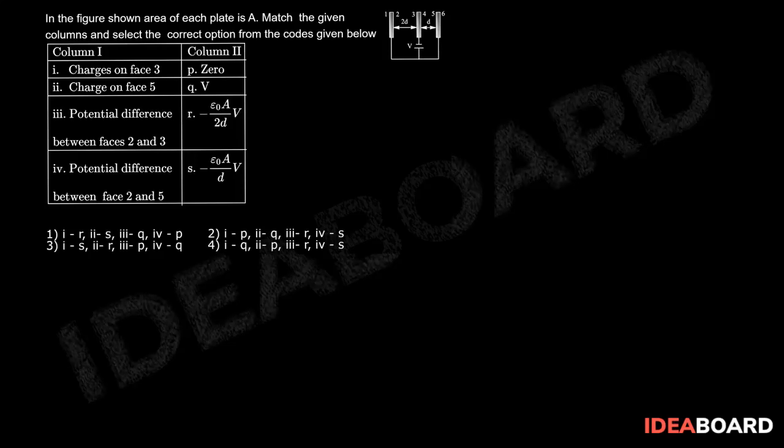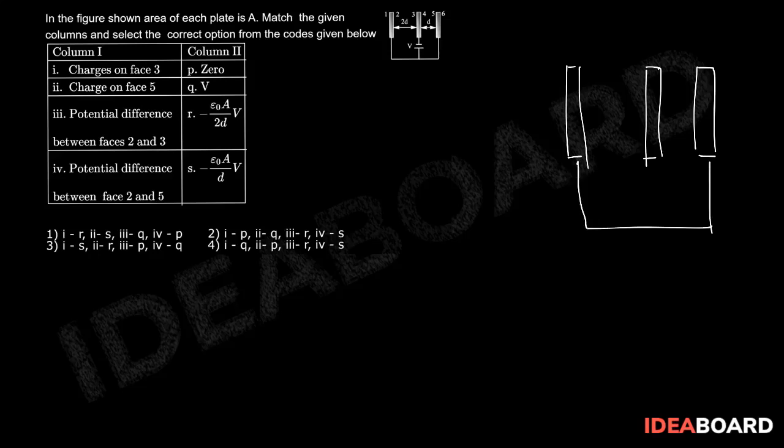Now in this question we have a system like this: one plate, another plate and another plate. Now what we have done, we have actually connected these two plates and inserted a battery between these two plates. That means this plate 1 and this plate 6, and this phase is 5.